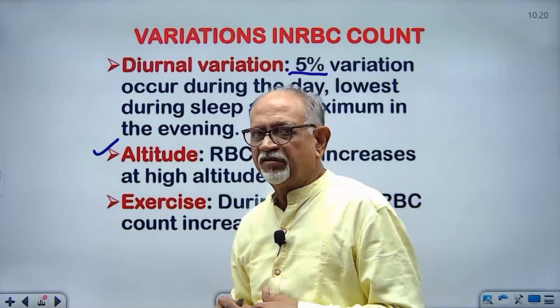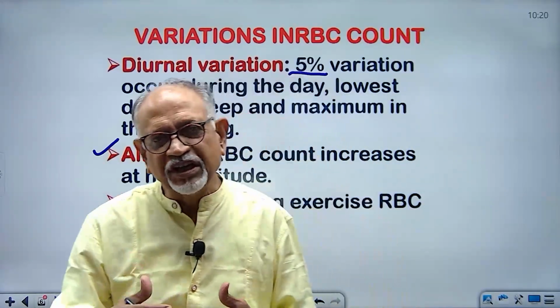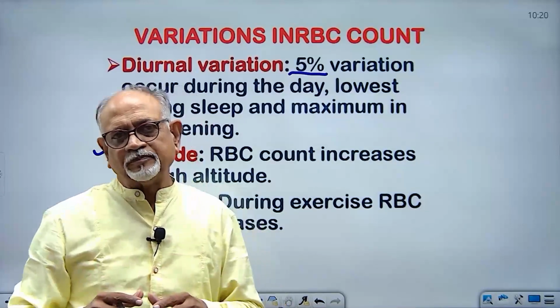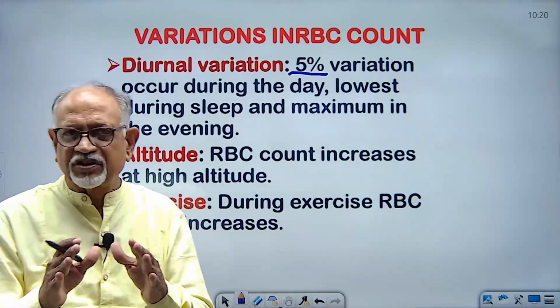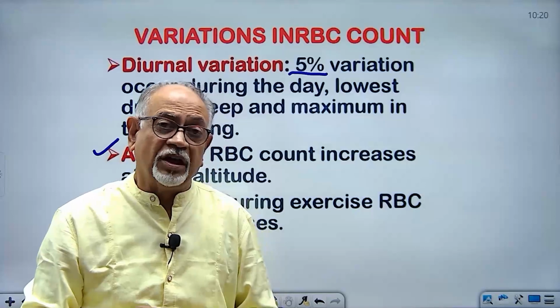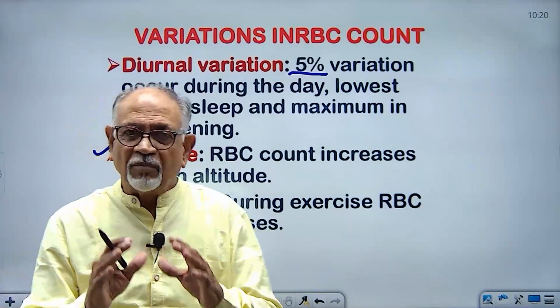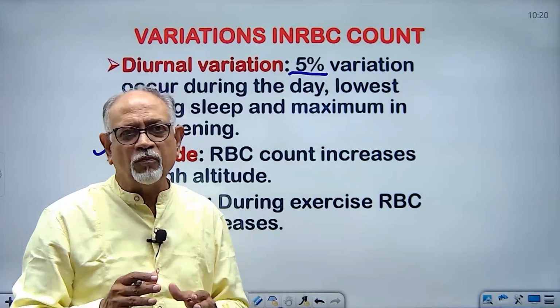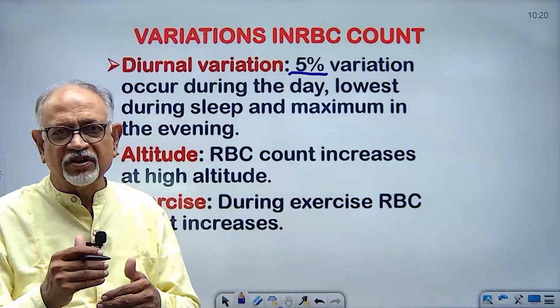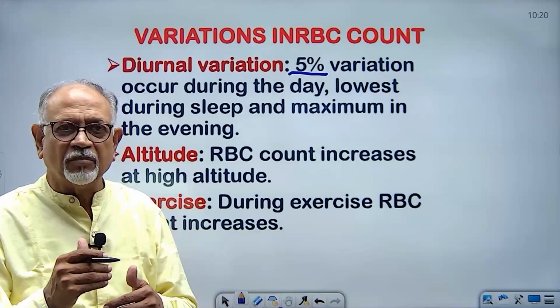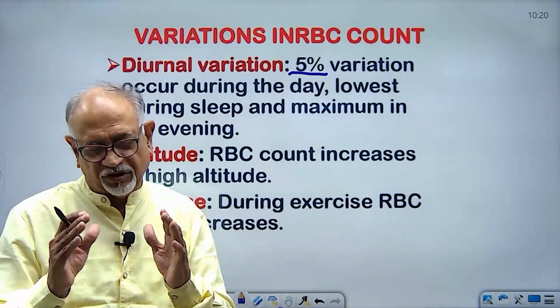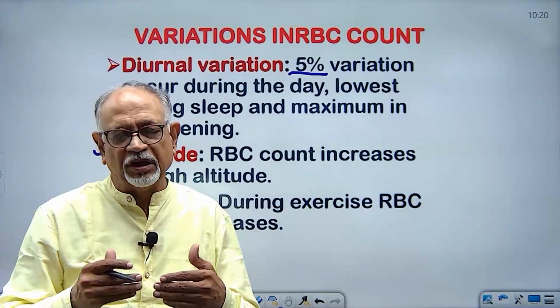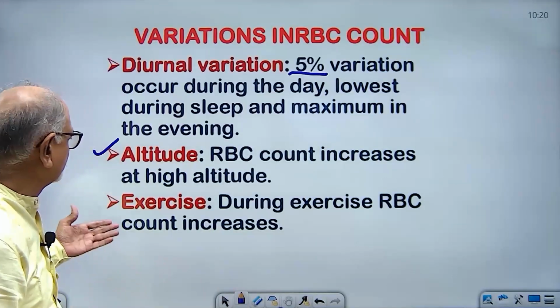Number one is the respiratory rate increases to cope up with the deficiency of oxygen in air. And number two, the number of RBCs increases to cope up with the deficiency of oxygen in the blood, so that sufficient amount of oxygen is delivered to the tissue.